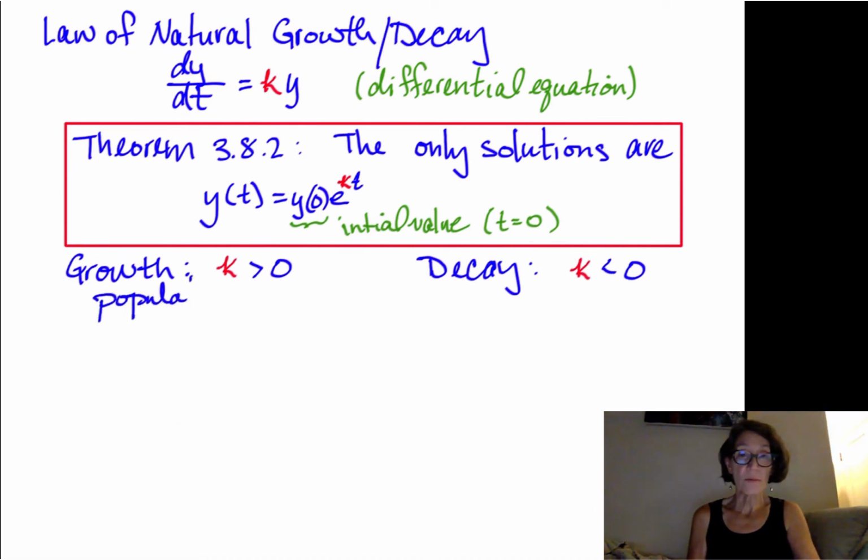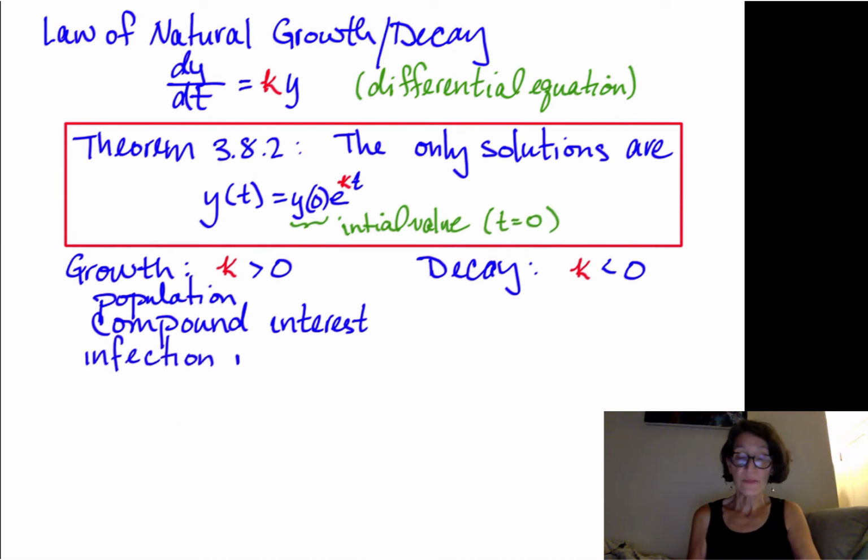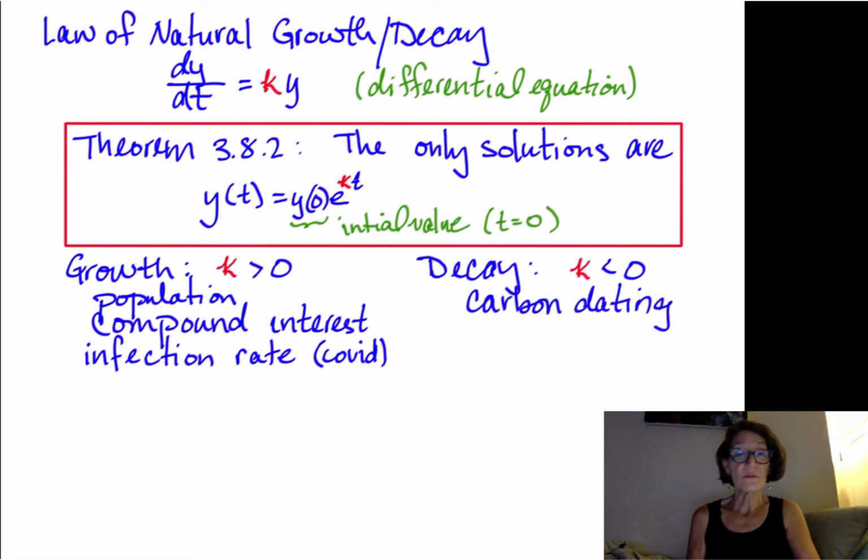Well, we just saw one, population. Compound interest is an exponential growth function. Infection rates, like the COVID-19 infection rate, that's an exponential growth function. An example of a decay function would be the radioactive decay of carbon-14, and that's used for carbon dating in archaeology to figure out how old a fossil is, or in forensic science, we're trying to figure out when somebody died.